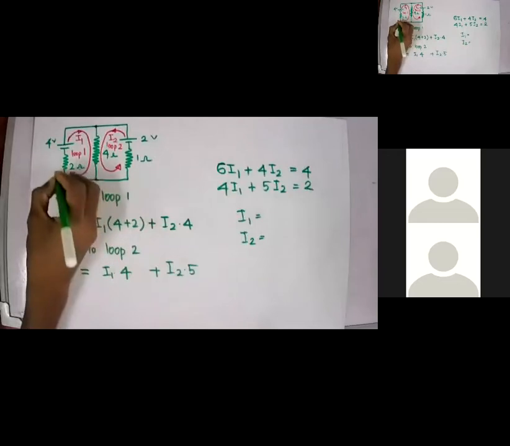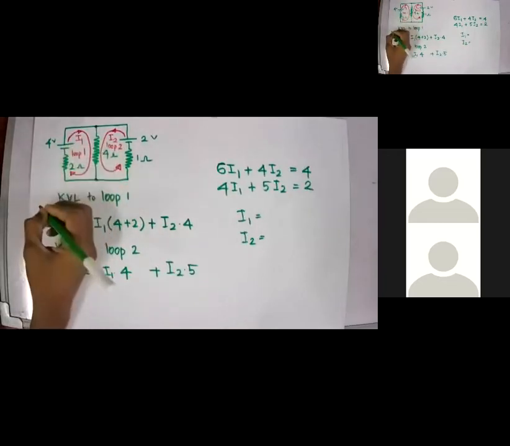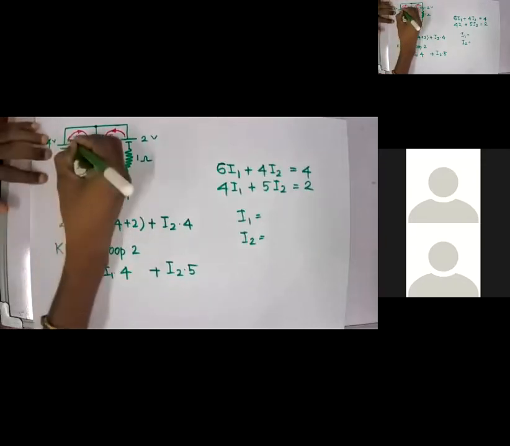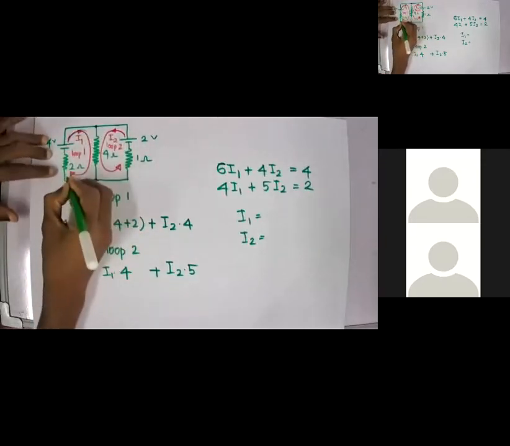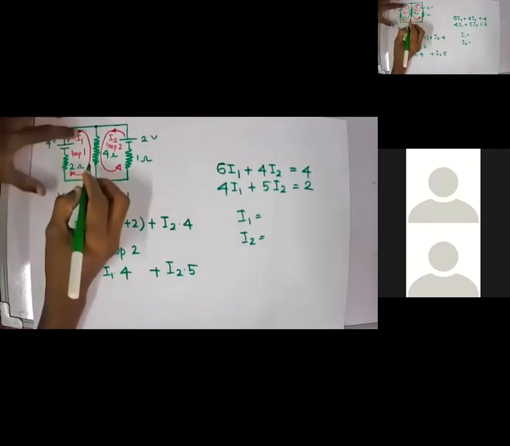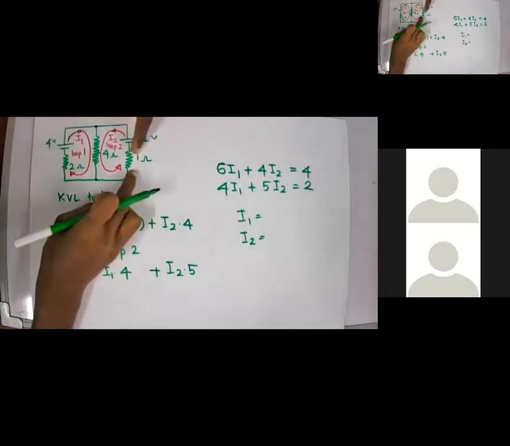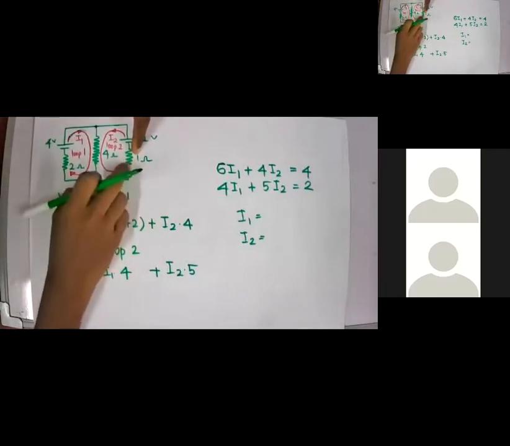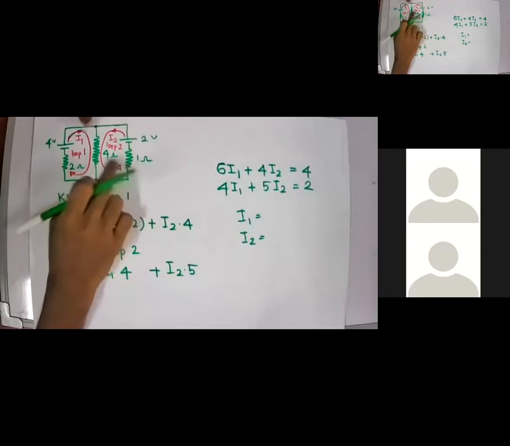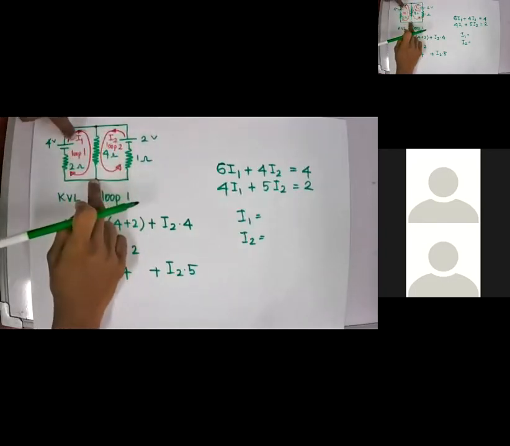Right, now tell me what is the current through the 2 ohm resistor. If this is I1, of course, the current through the 2 ohm resistor is only I1. Similarly, the current through the 1 ohm resistor is only I2. But the current through the 4 ohm resistor is I1 plus I2.